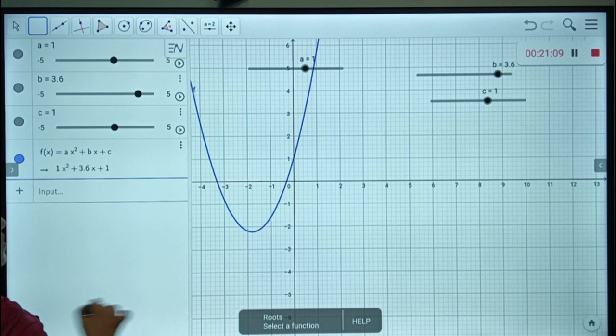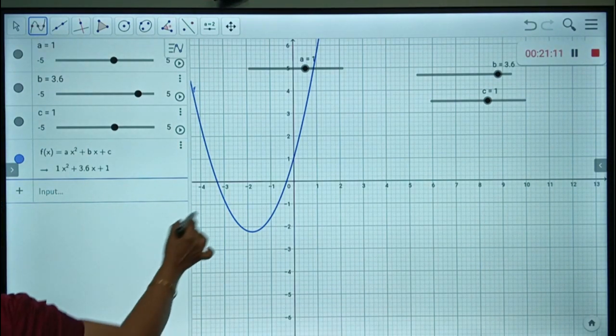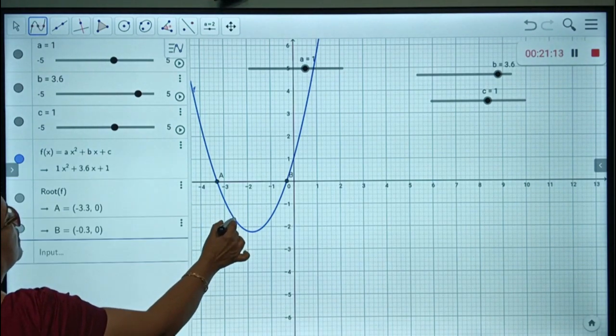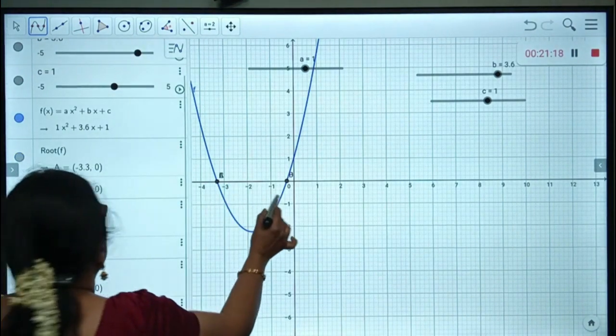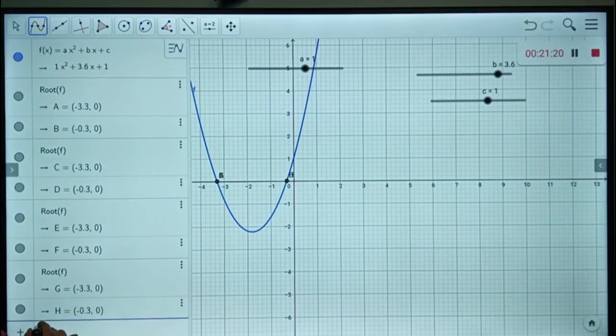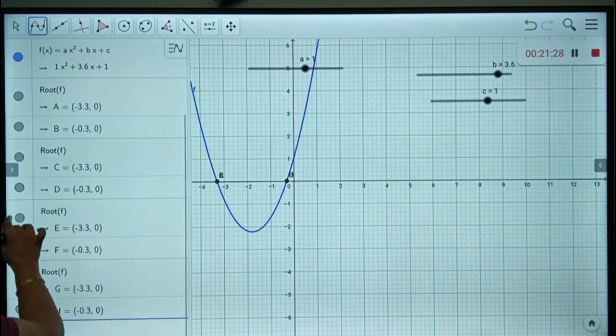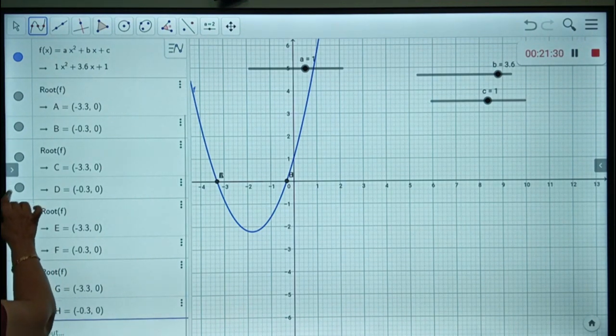I want the roots. I'm going to click on this. I've got 2 roots. What are the 2 roots? A and B. It has created multiple roots, so I'm just removing some of them.